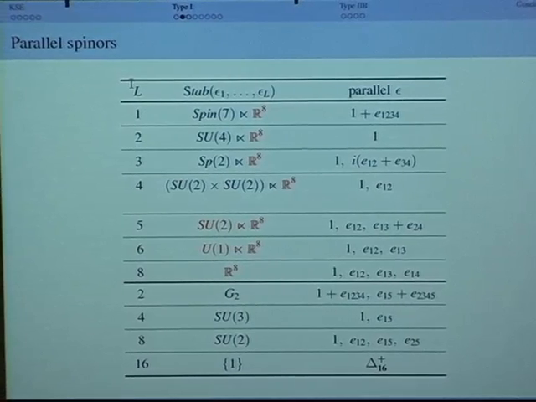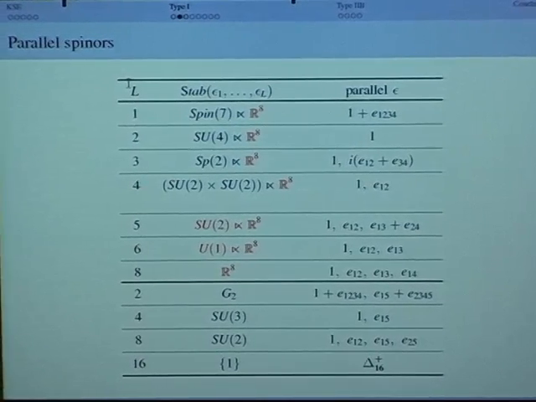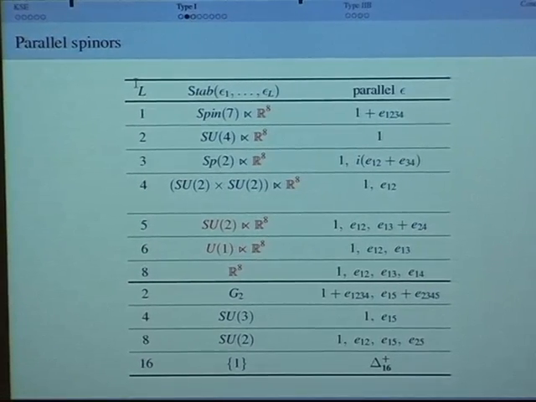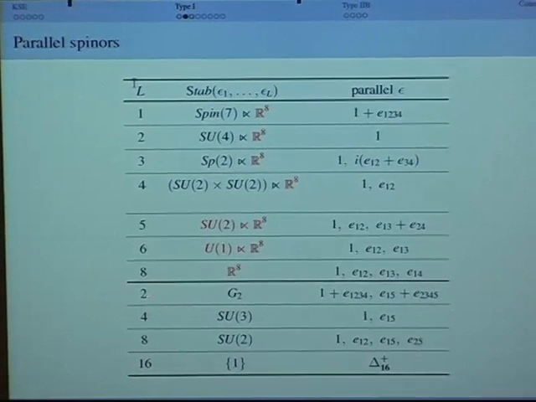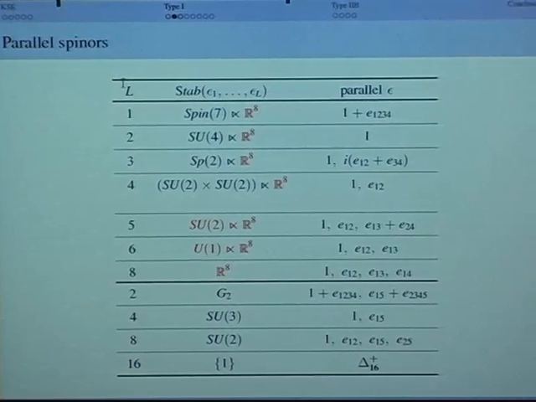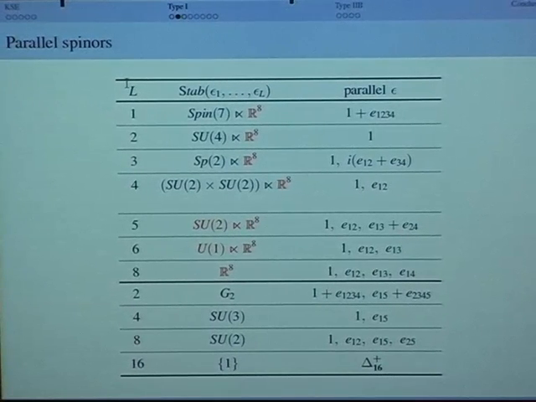One can have 1, 2, 3, 4, 5, 6, but the 7 entry is missing. And there are two types of possibilities having two spinors. Then one goes up to 8, and the possibilities between 8 and 16 are missing. There is a desert there. If you have 9 spinors, then necessarily their stability subgroup is 1.